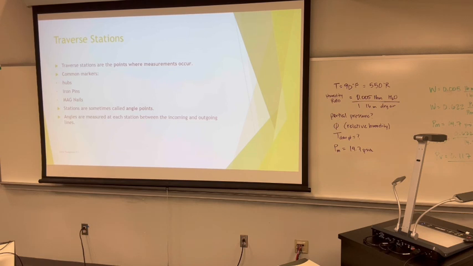Another thing with traverse points too, and what you use is really going to be dependent on what type of work you're doing and the duration of the project. If you're setting control and running a traverse that's going to become a construction project, strongly recommend using iron pins.